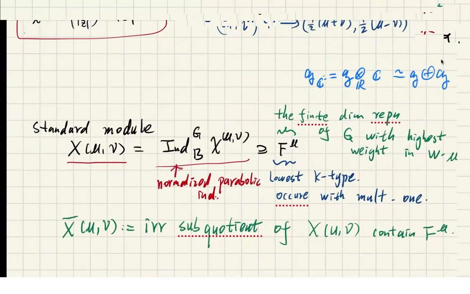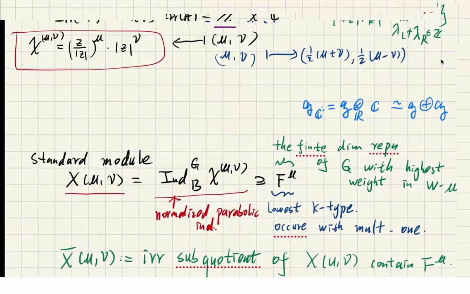So you will have a finite dimensional representation with extremal weight mu, or in other words, a representation of K. Its maximal compact group will have an irreducible representation whose highest weight is inside the Weyl group W orbit of mu.